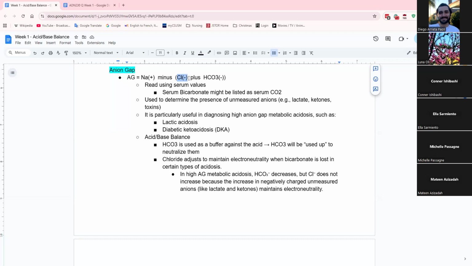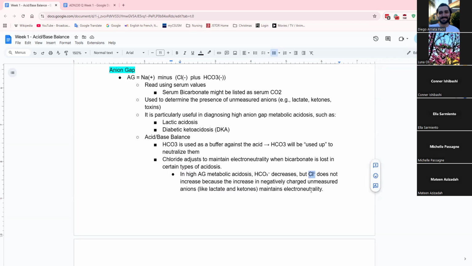But the general idea is that there is such a thing as an acidosis that is not high anion gap. So not every acidosis will have a high anion gap, and the reason for that is because of the sheer presence of lactate and ketones. Like this paragraph says here, if you have that buildup of lactate and ketones, your chloride, which you can see is negatively charged, does not need to increase to make up for that difference.